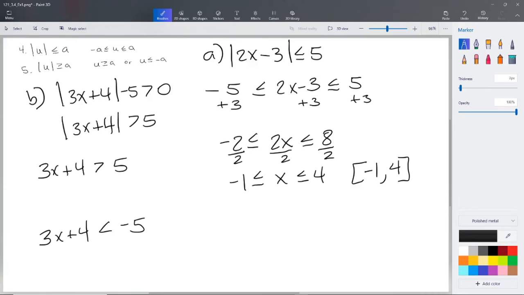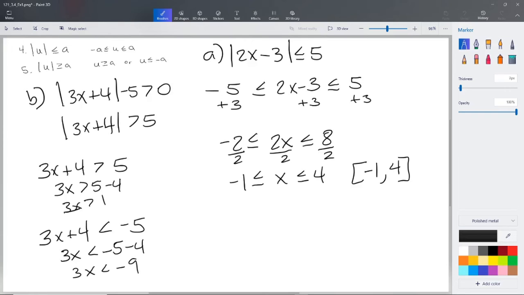In both instances, the first thing we're going to do is move the 4 over. So this is going to have 3x greater than 5 minus 4. This is going to have 3x less than negative 5 minus 4. This one's going to show us that 3x is greater than 1. This one's going to show us that 3x is less than negative 9.